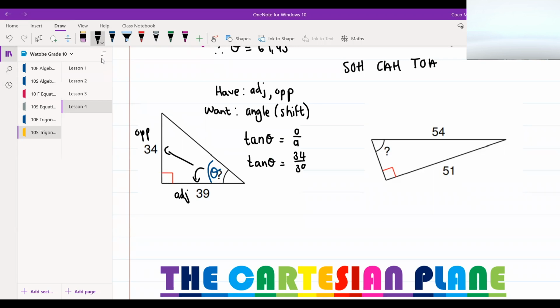But now I want theta. That's going to equal tan to the power of -1, bracket 34 over 39, close brackets. Therefore, theta is equal to 41,08. 08 what? Degrees.